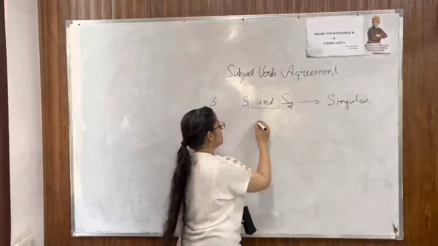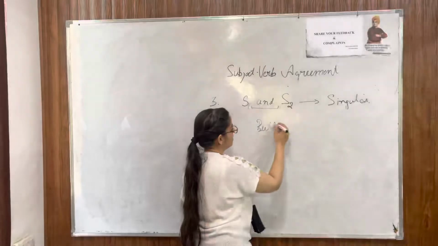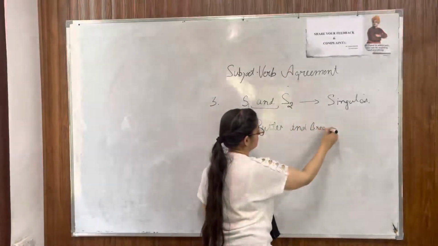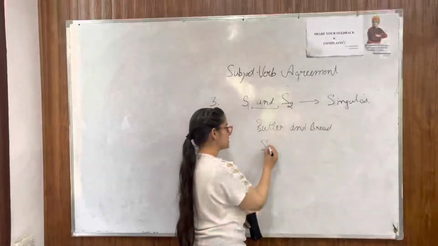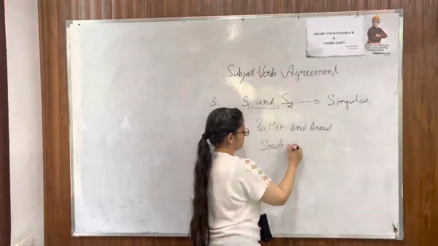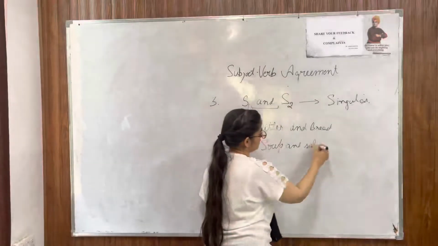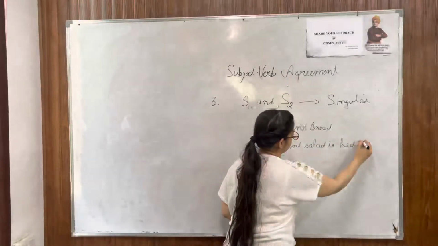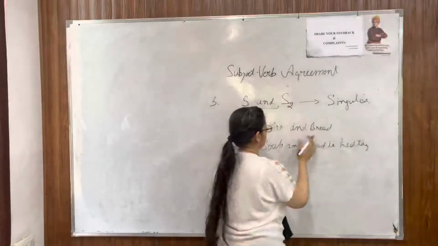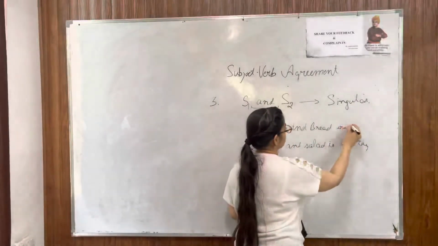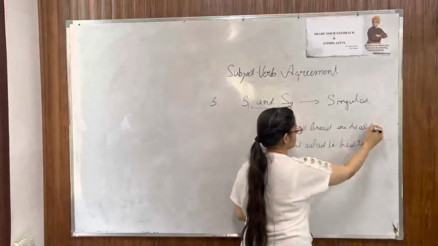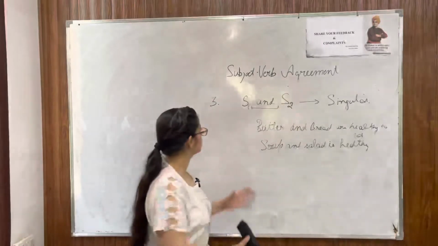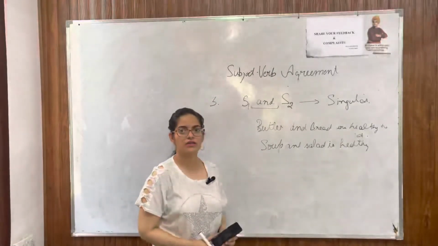For example, butter and bread, bread and butter, soup and salad. Soup and salad is healthy, you can say, and bread and butter are healthy to eat. So this is it for rule number 3.